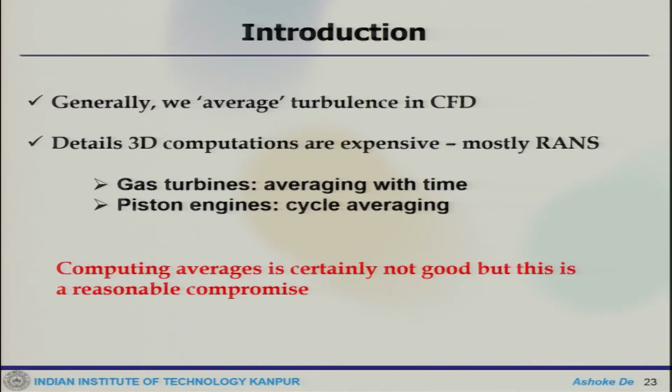So, what do we usually do, and what is the impact of doing that? Usually, to model the turbulence, it is quite common in industry, because they need to get a solution in quick time. So, they average the turbulence, but as you have seen, the turbulence itself is truly unsteady and 3-dimensional in nature.